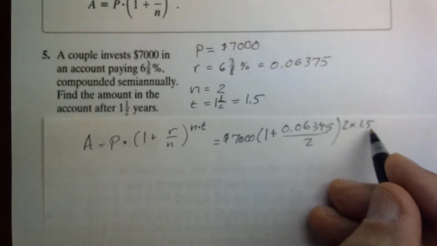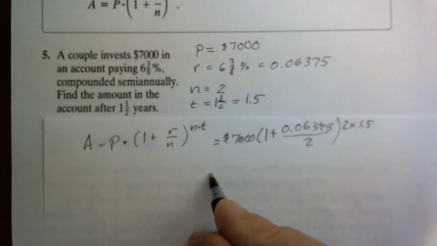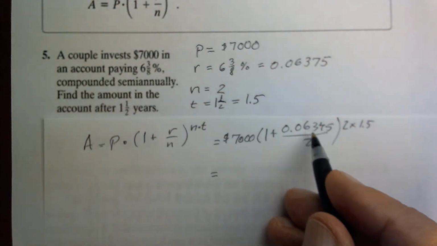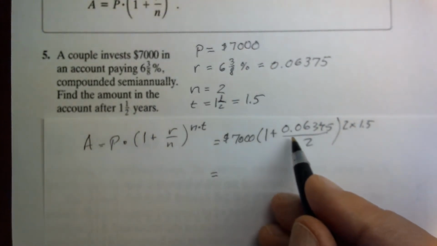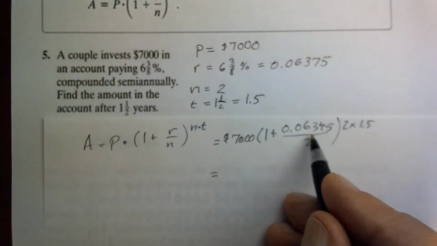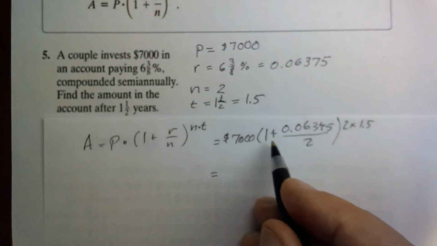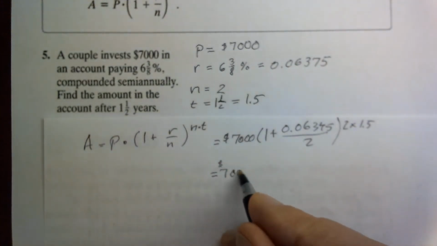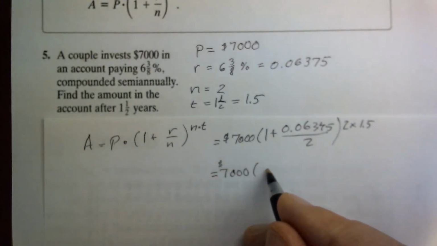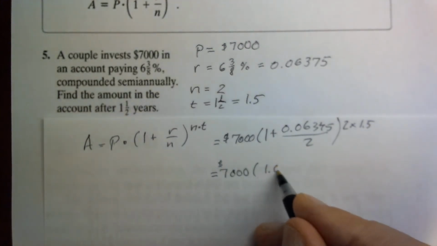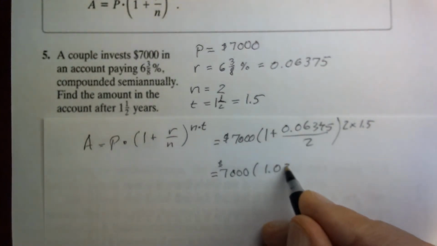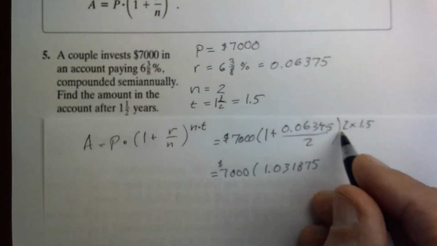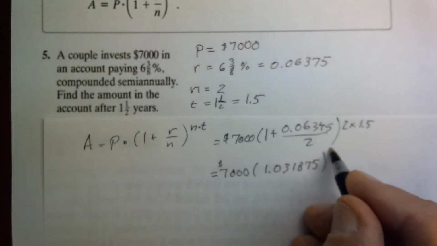1.5 power. So now we're going to use order of operations. We perform the operations inside the parentheses first. In other words, we divide 0.06375 by 2 and add 1 to it, which will be then 7,000 times 1.031875, and 2 times 1.5 is equal to 3.